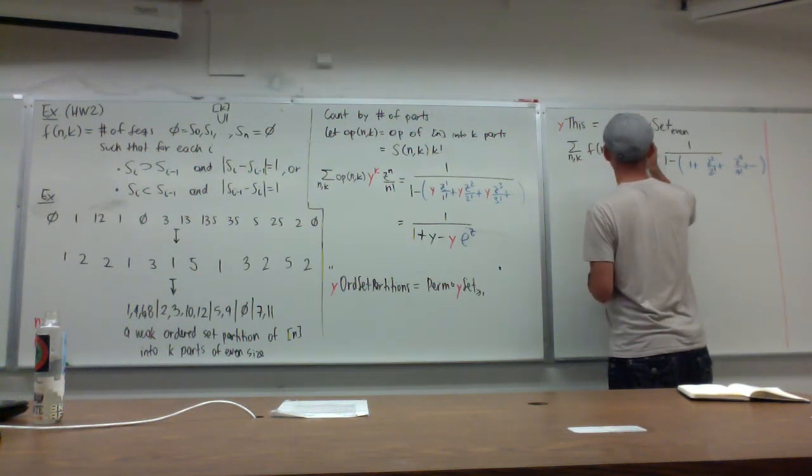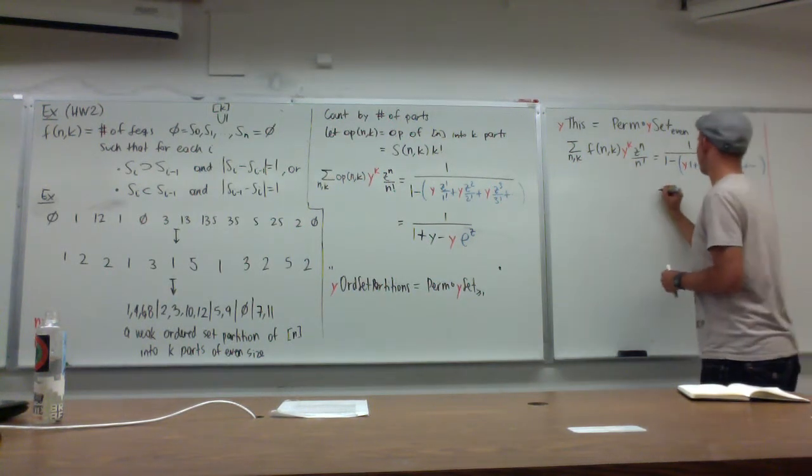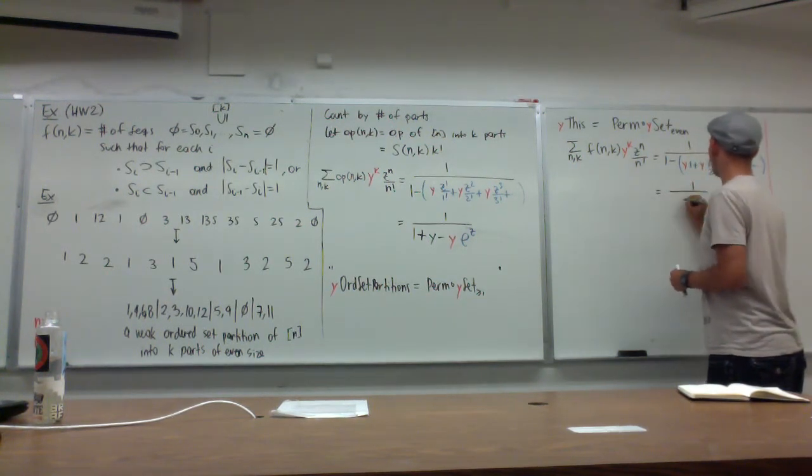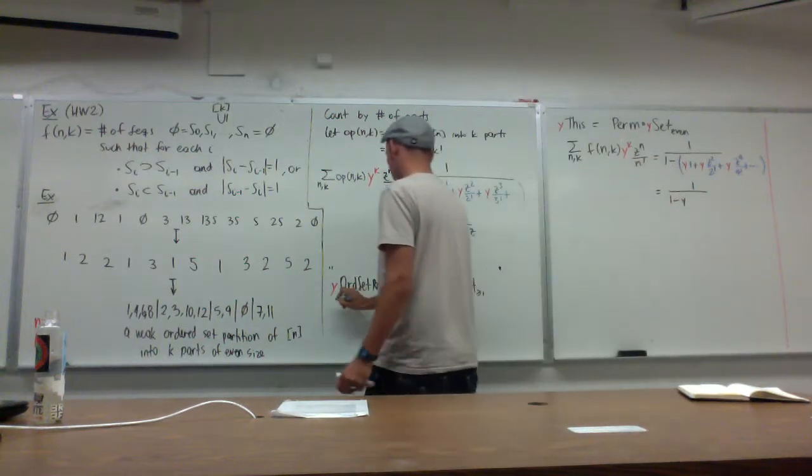Somebody have a question or comment? You said size 1, and you mean 0? Size 0, sorry. Yeah, so I'm allowed blocks of size 0. And now let me put my weights in. Right, so I get a y here, and a y here, and a y here, and so on. Okay. And so this is equal to 1 over 1 minus y times something that I should remember. I should remind myself, how do I compute this thing?